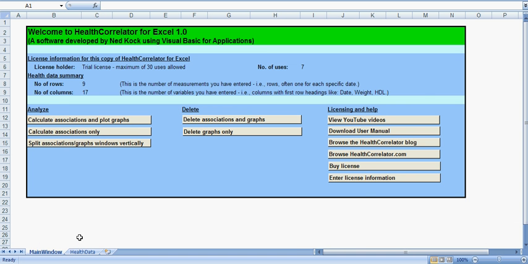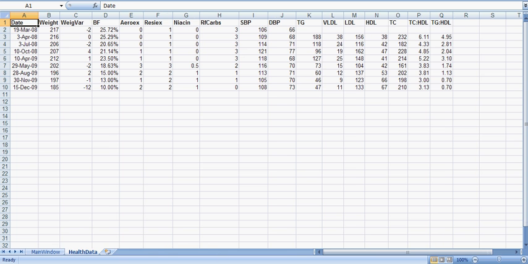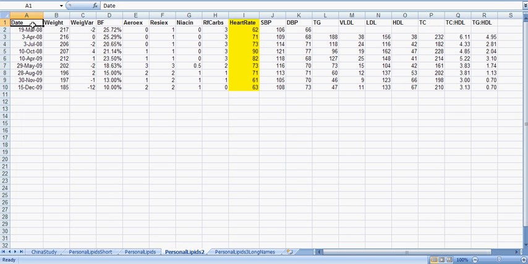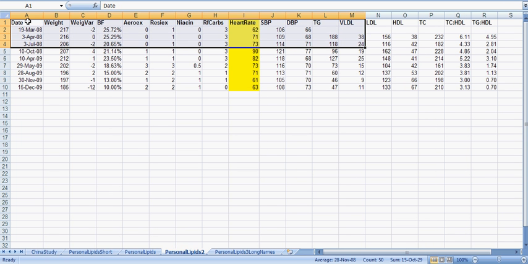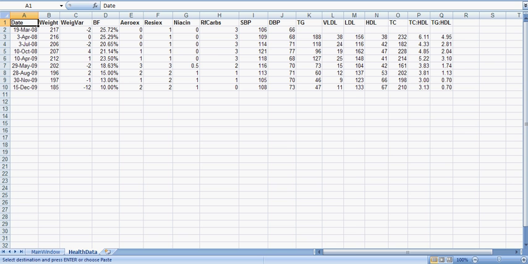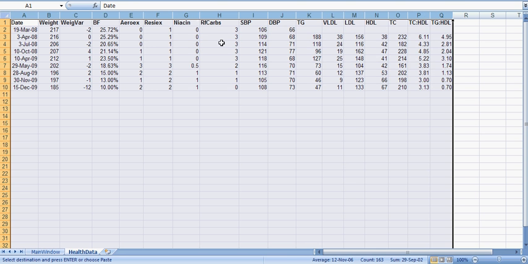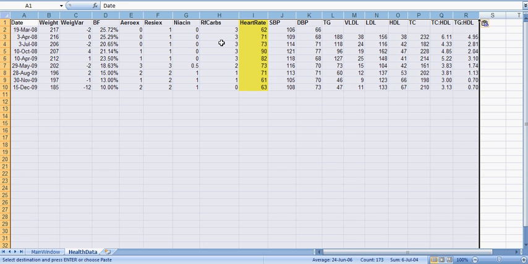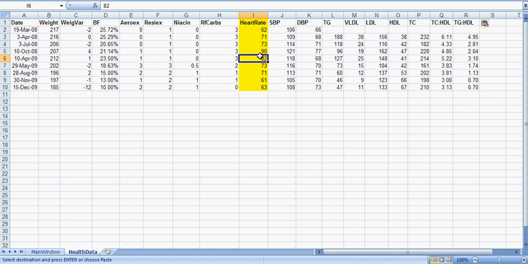I will delete associations and graphs. I will go to my health data, and I will copy into there this new data set, which contains heart rate, which was a variable that was missing from this previous data set that I used. So copy that previous data set here, including heart rate, and I'll leave heart rate here in yellow just to emphasize that I'm adding a new variable to the analysis.